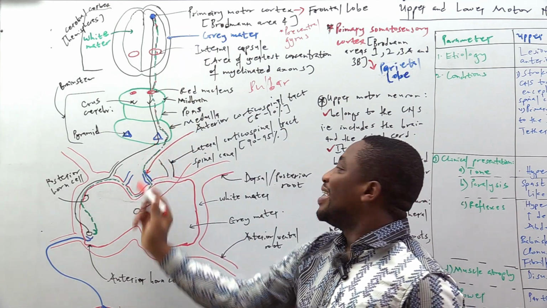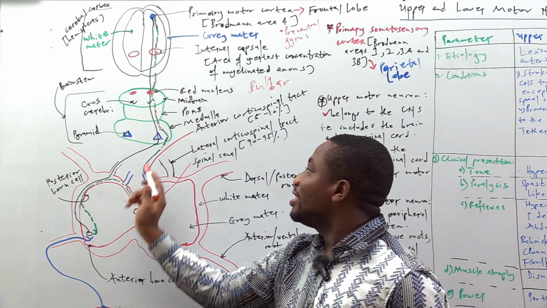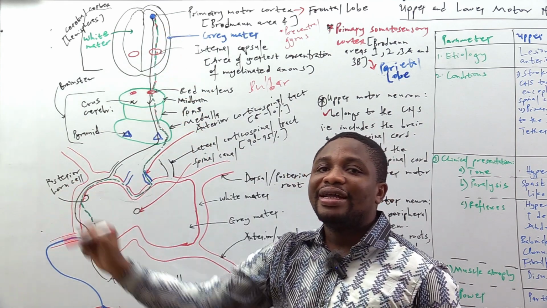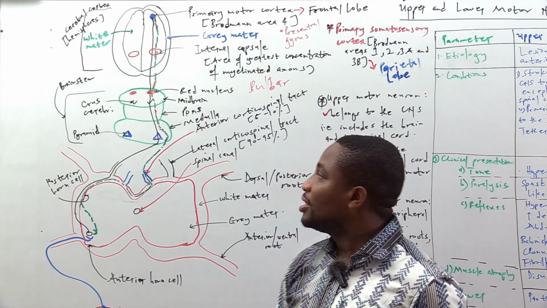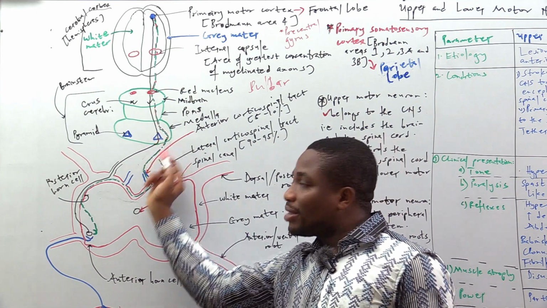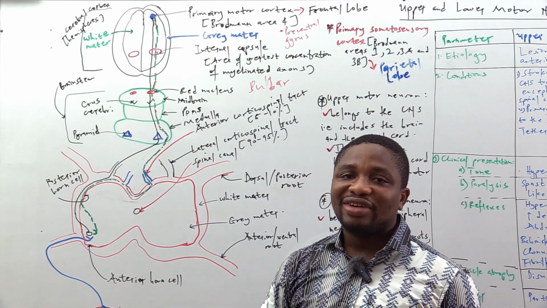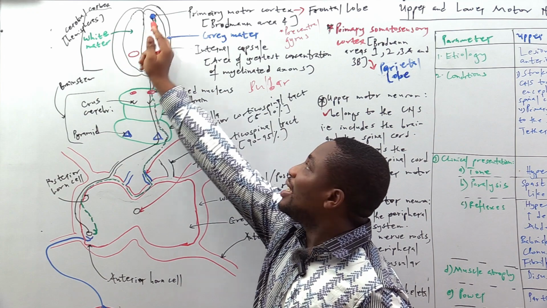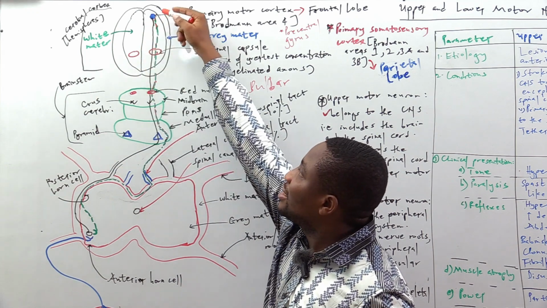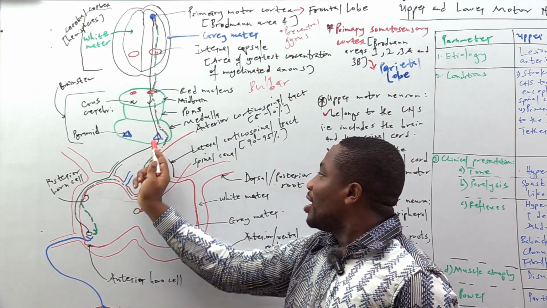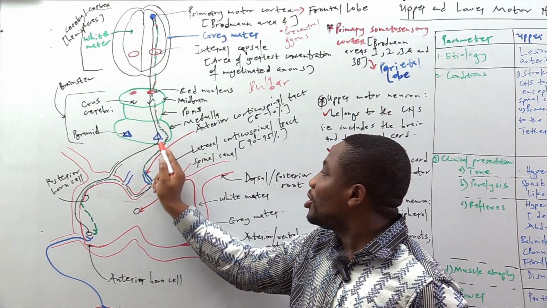Another interesting thing that you should realize here is that all the motor neurons or tracts going through the pyramid decussate, meaning that if they are moving on the left, they would branch to the right. That's what we call decussation. At the level of the pyramid, the moment they exit the pyramid, they decussate to the contralateral side. So you can see that the primary motor cortex is located in the left cerebral hemisphere, but as the tract moves together with the motor neuron, the moment they go through the pyramid in the medulla, what happens here?